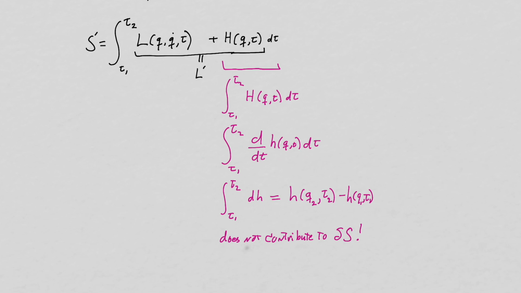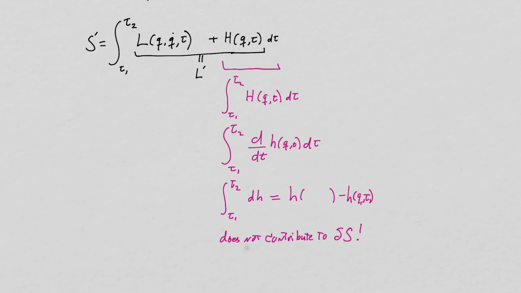In that case, this integral would be pretty easy to execute, because you would be integrating a total derivative over time, and you would just get the difference of that little function h at time t2 and at time t1. So it would be the generalized coordinate at time t2 and the generalized coordinate at time t1. In fact, I probably should write this a little differently.